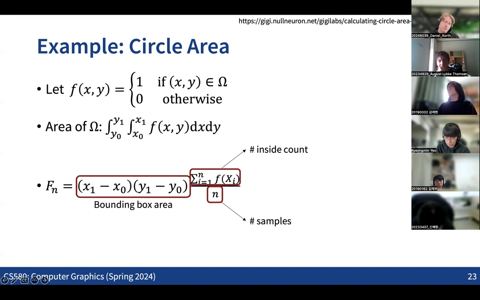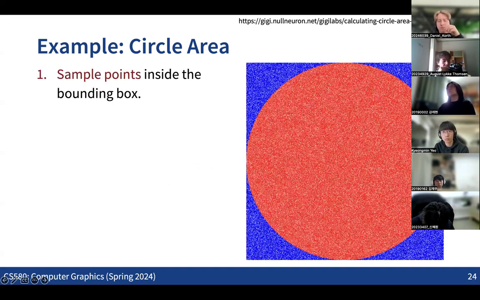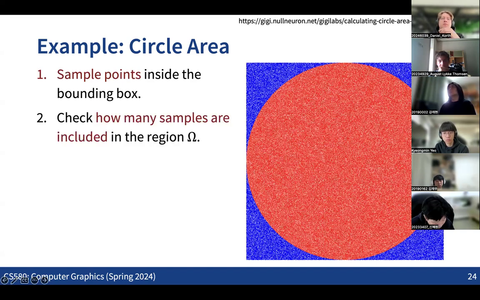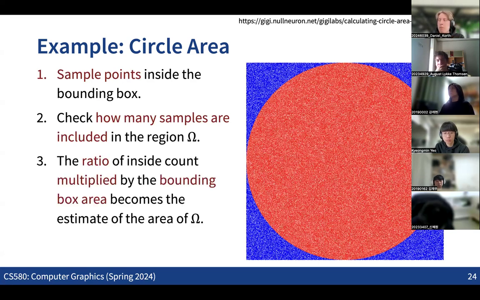So once we sample lots of points in the bounding box, we count how many samples are included in the region. If we compute the ratio of the inside count and multiply it by the bounding box area, that becomes the estimate of the area of the region.